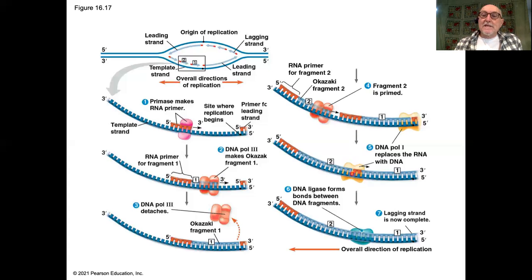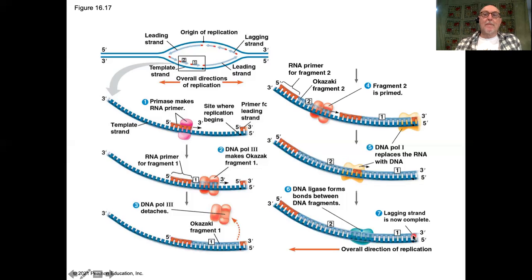The only problem is that when it finishes, can you see here? When it finishes, it leaves a gap there. It can't make that last bond there. And another enzyme called DNA ligase comes in and heals up all of these. This is called a nick. The DNA ligase comes in and heals up all of the nicks so that we end up with one single continuous strand.